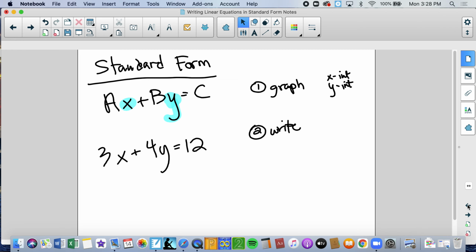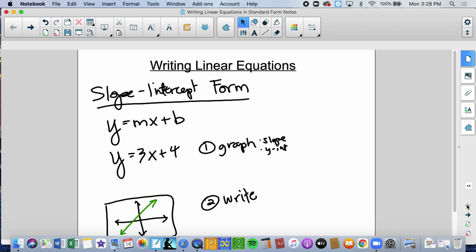In standard form, A, B, and C don't really represent anything or help us with graphing. And in slope-intercept form, we're given the slope, which is m, and we're given the y-intercept.